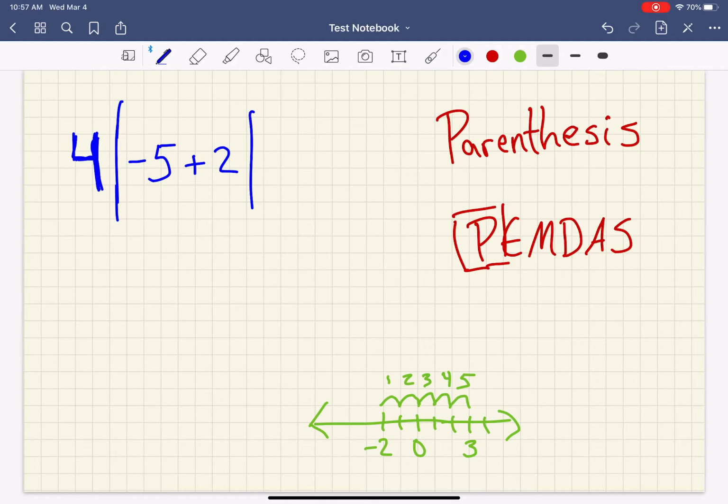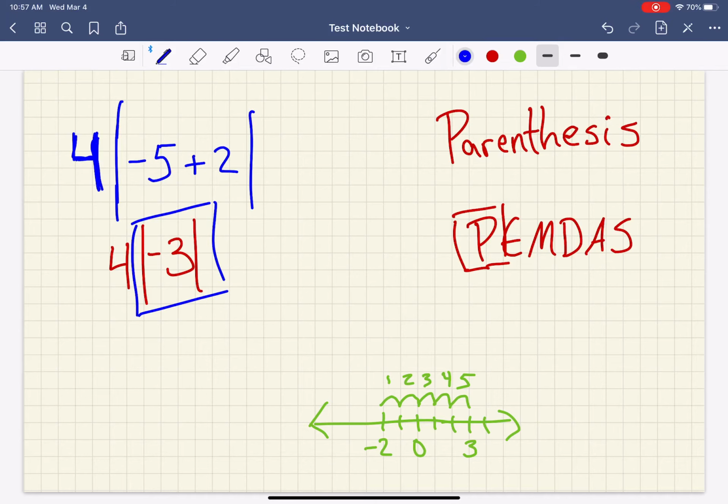Well, we still do parentheses first, so negative 5 plus 2, that's going to be negative 3. And then we would still have the absolute value sign. We have 4 multiplied by that. So the next thing we need to do is take the absolute value of negative 3, because it's still within the scope of those parentheses, so we still haven't completely simplified that before we can move on to the next step.